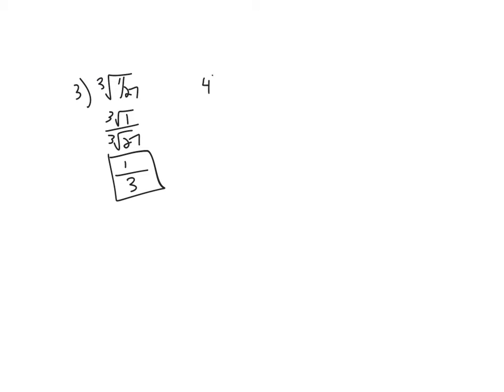Let's take it up a notch and see if we can simplify the square root of 16 x to the 8th y to the 4th. I can split this up as the square root of 16 times x to the 8th. Remember, a root is the same thing as a fraction denominator. So this is a root of 2, and I can take that exponent 8 divided by 2.